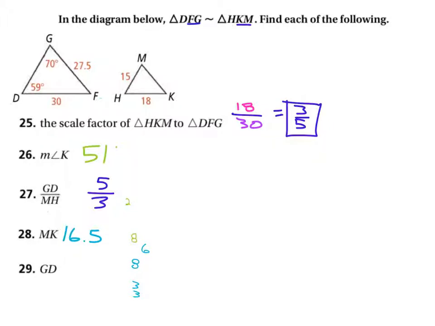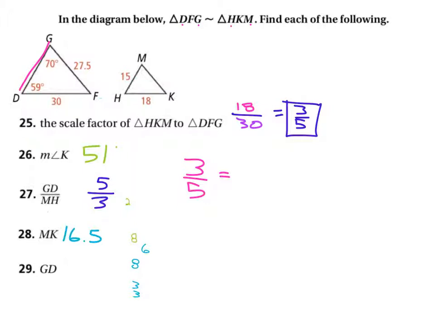So if we know we have a scale factor of small to big of 3 to 5, then we say what matches with GD. And let's look here on top. G to D, that last letter, the first letter, last letter, and first letter is MH.